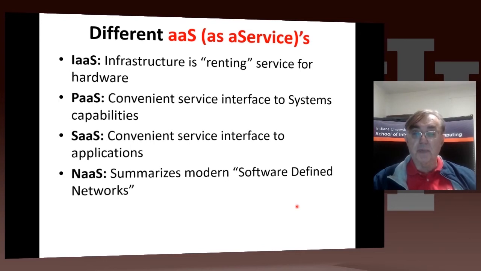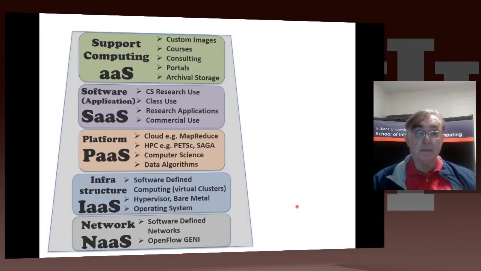We use those to build the types of things we discussed on the previous slide, which are application services, the filters that transform data into information. And all of this is built on network as a service, which is networking, and that's also becoming software defined using technologies like OpenFlow and software defined networks.